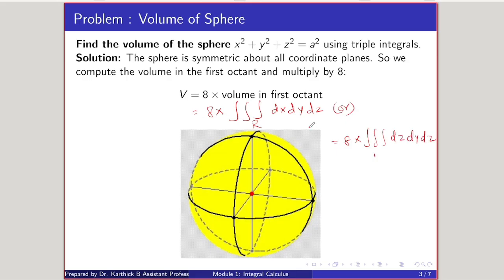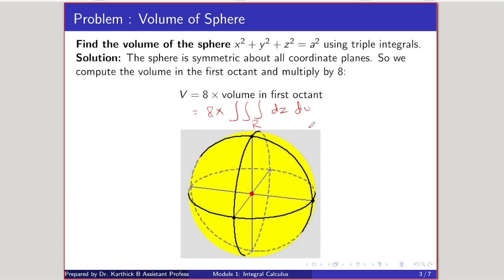There are two forms. Either you can choose dx, dy, dz, or else dz, dy, dx. Of course, this one is more familiar, so I may go with dz, dy, and dx.